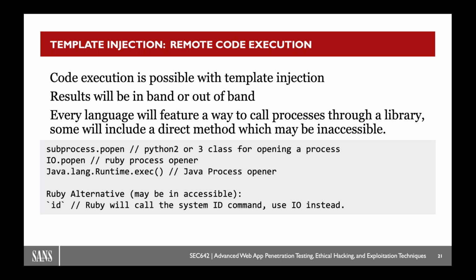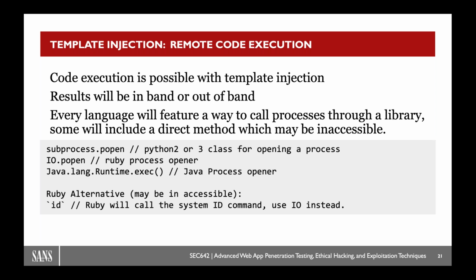In Python 2 or 3, you have the ability to call subprocess as a class, and from subprocess, you can do a Popen. In Ruby, it's IO. And in Java, it's java.lang.Runtime exec that is the default executable. In Ruby, by the way, in the Ruby shell, if you use backticks, you will run the system command. It will use IO. It's just a shortcut in Ruby to do it.